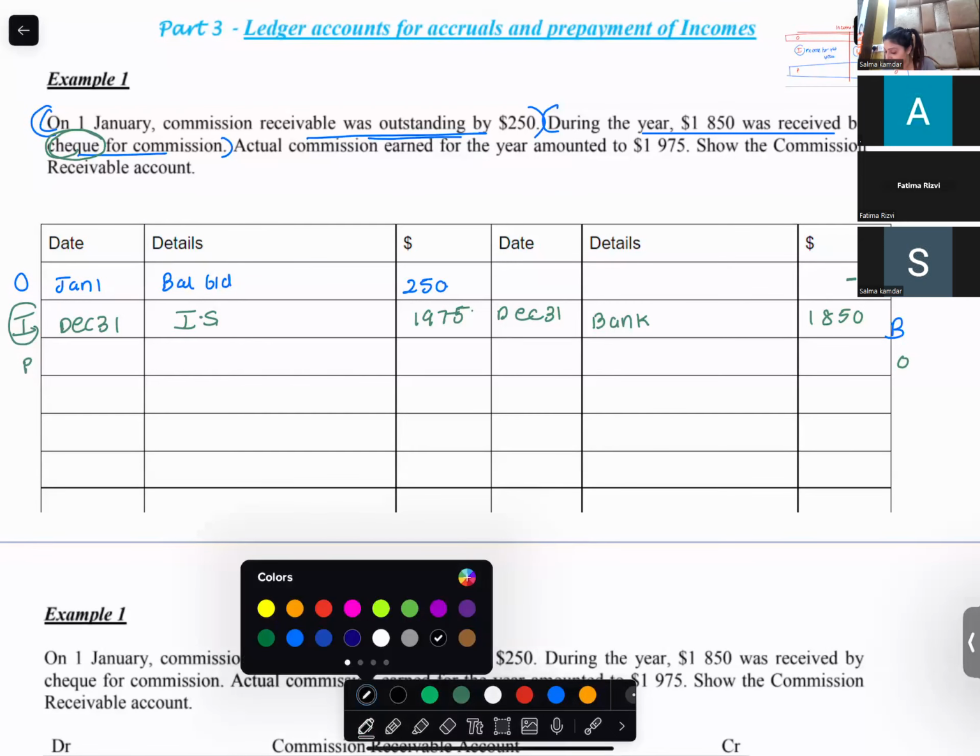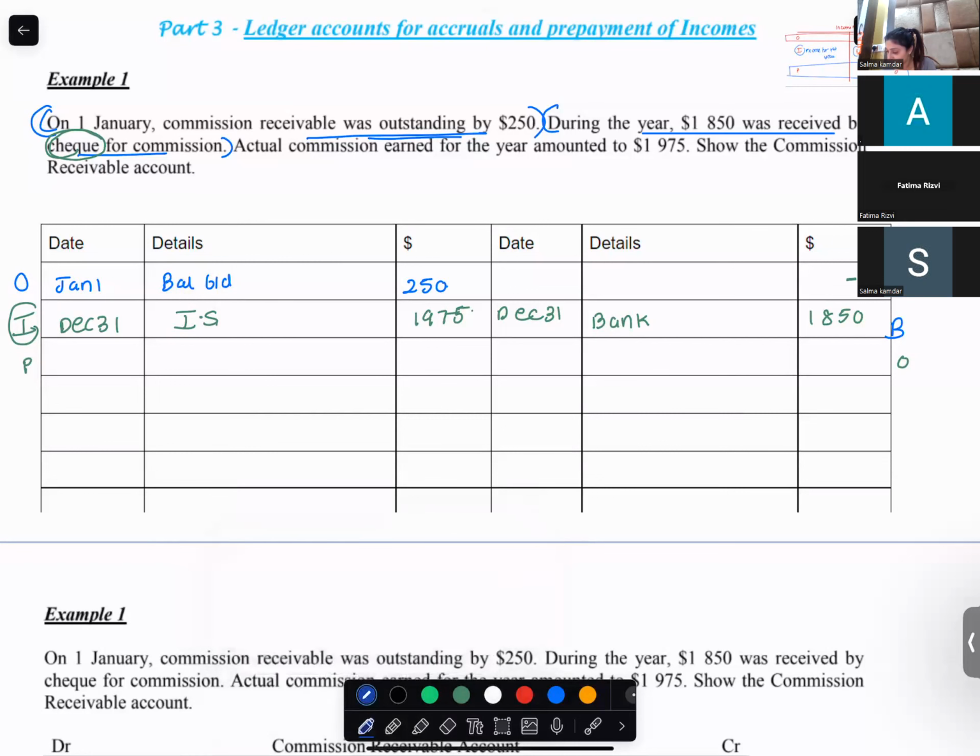Fatima, I want you to help me close the account. Debit is how much in total? $1975 plus 250, 2225.